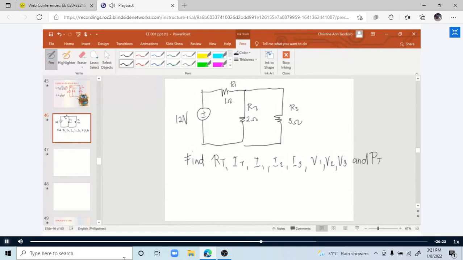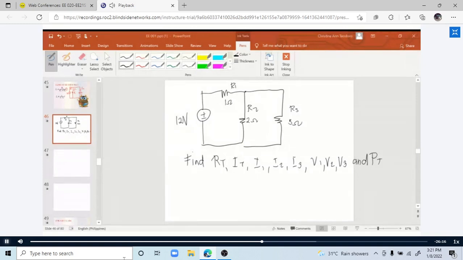As you can see on the circuit, which is the first parameter that we can get based on the given? Total resistance. Very good. So how can we get the total resistance?